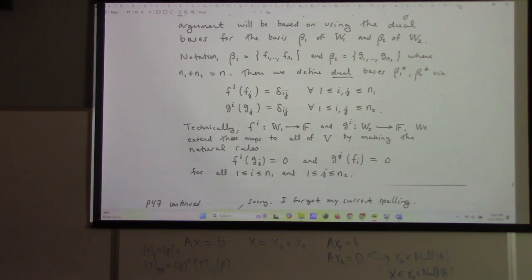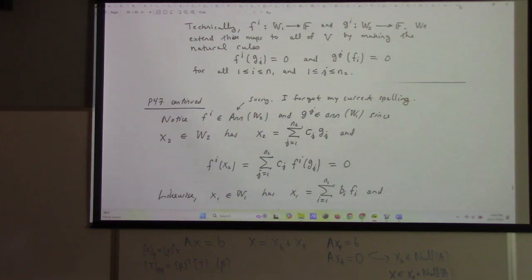Once I have that all set up, the F upper i are in the annihilator of W2, and the G upper j are in the annihilator of W1. Why is that? It's because F upper i, by construction, kills all of the G sub j's. If you kill the whole basis, you've killed an arbitrary vector, because the dual vectors are linear.